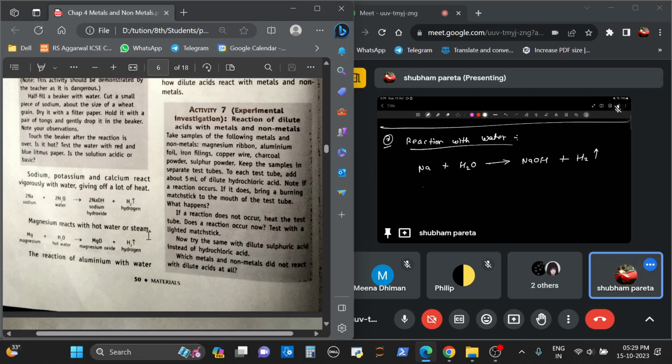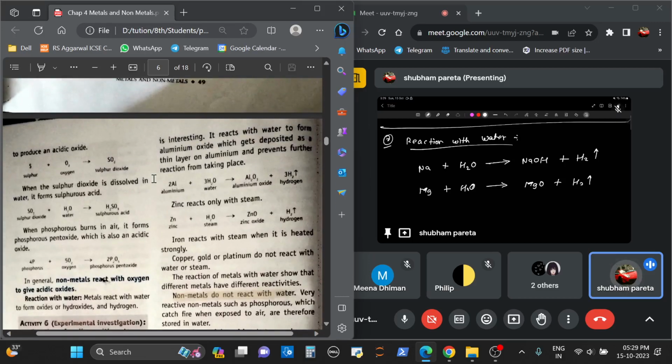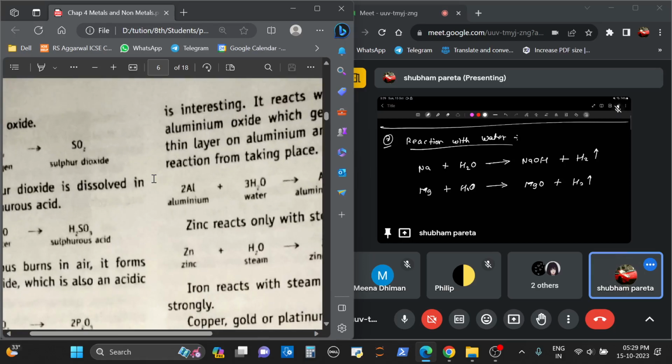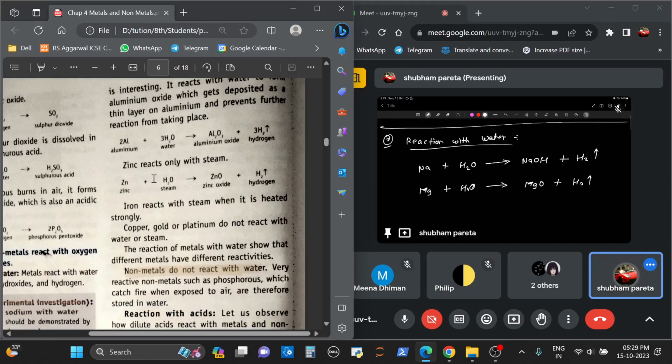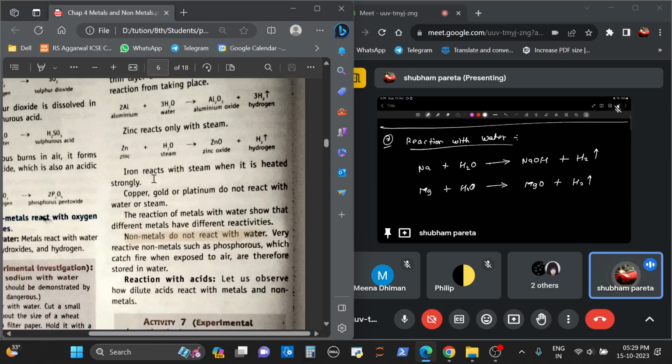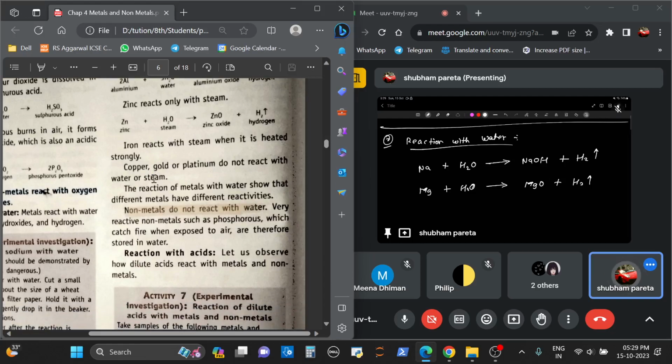Similarly, magnesium also reacts with water and releases MgO, magnesium oxide, and again releases hydrogen. Every kind of metal releases hydrogen in the presence of water. Similarly, zinc and aluminum also react with water and release hydrogen.